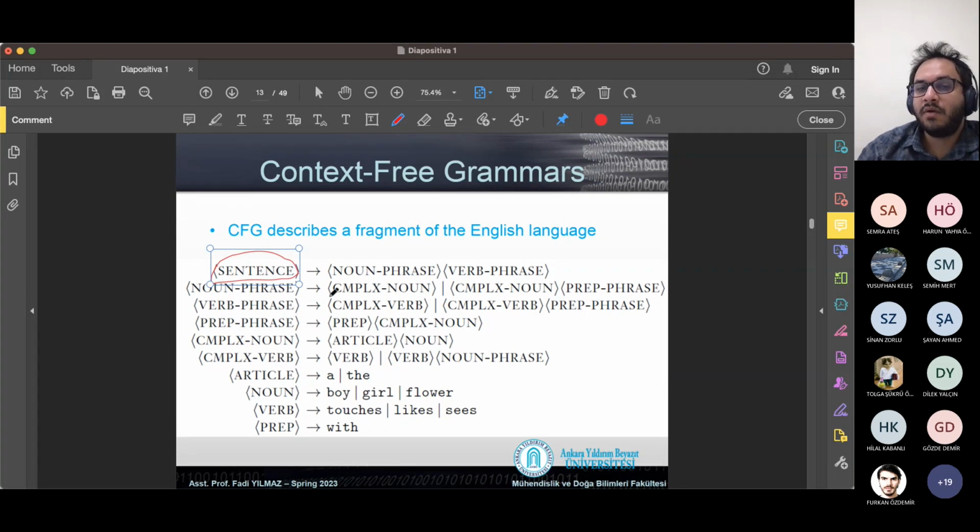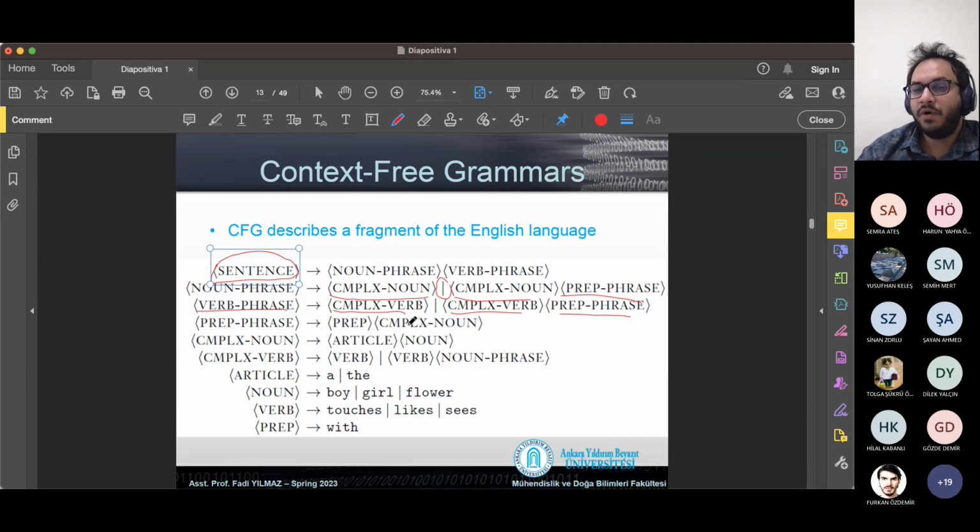A noun phrase can be a complex noun or a complex noun and a preposition phrase. And the verb phrase can be a complex verb or a complex verb with a prep phrase. Each of them is just one variable.